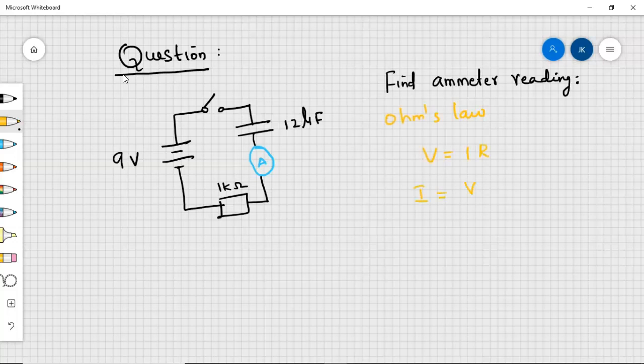I is equal to V over R. The voltage in the circuit is 9 volt and the resistor is 1 kilo ohm. 1 kilo ohm is converted to ohm by multiplying by 1000. So 9 divided by 1000 will be 9 times 10 to the power minus 3. The unit of current is ampere. It is the reading in the ammeter.